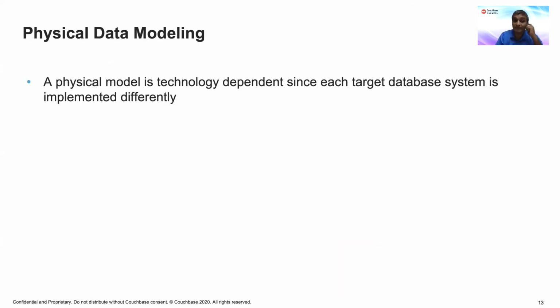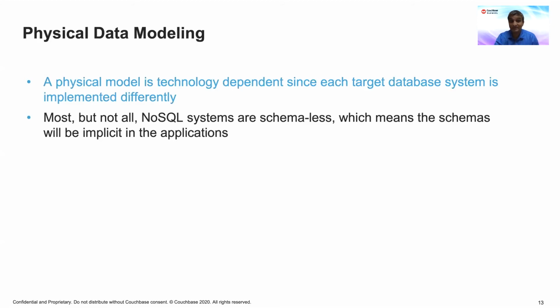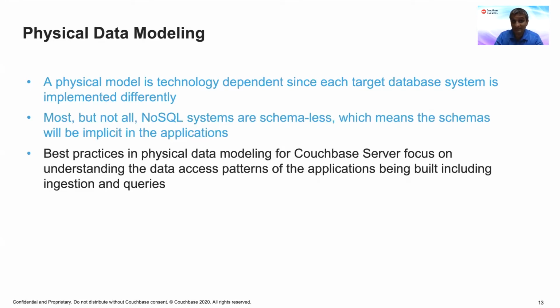So the physical data model is technology dependent since each target database system is implemented differently. Most but not all NoSQL systems are schemaless, which means schemas are defined within the application by your application. So the best practices of physical data modeling for Couchbase Server focus on understanding the data patterns of the applications being built, including the ingestion and queries.